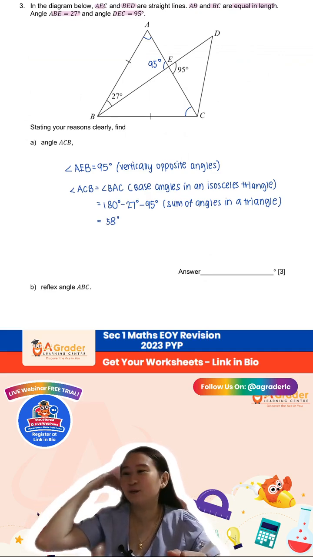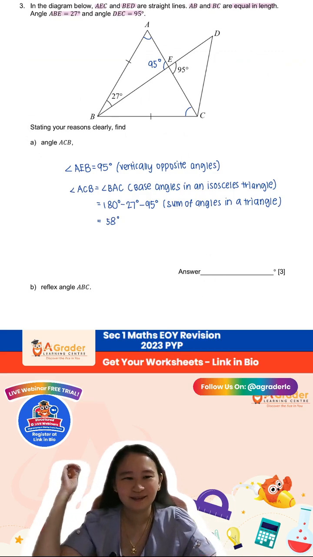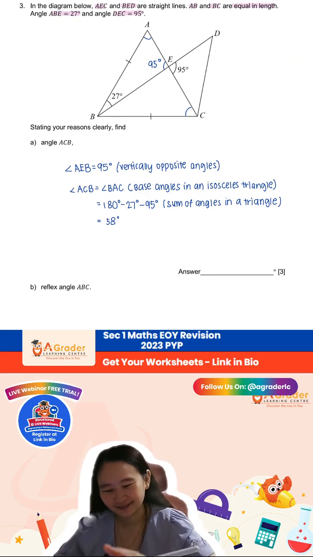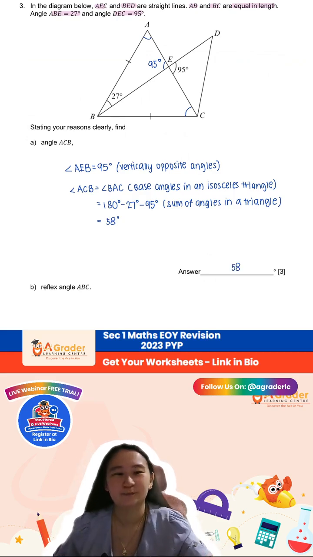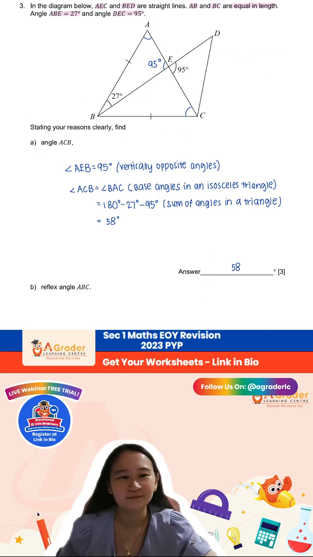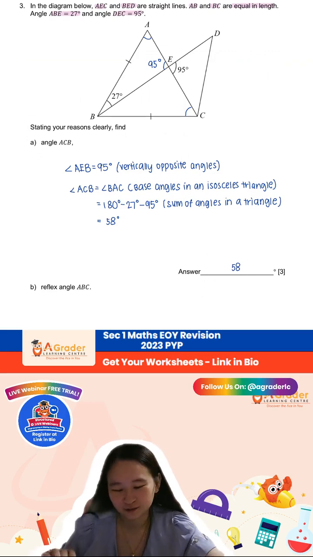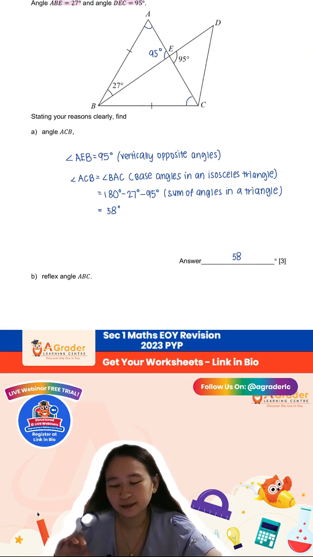2013, you're in Sec 1. You're 20 something years old now. '24. Okay, do you get this answer?